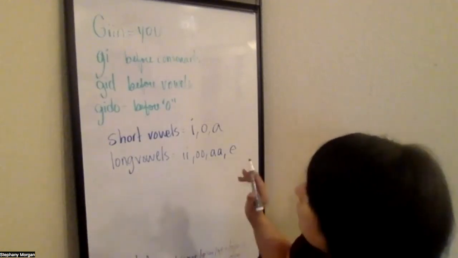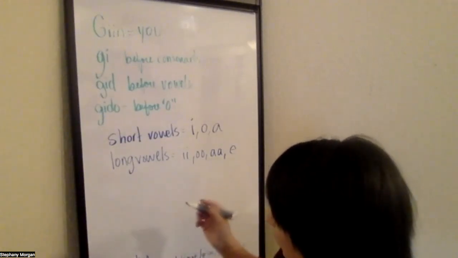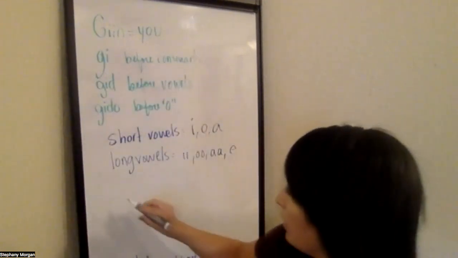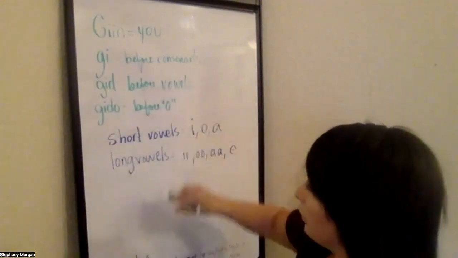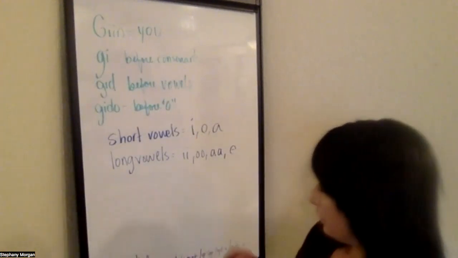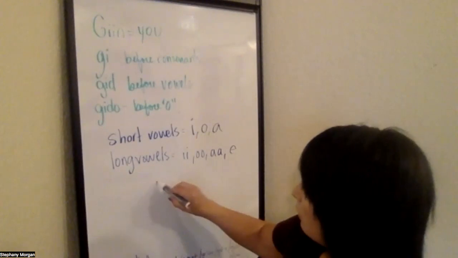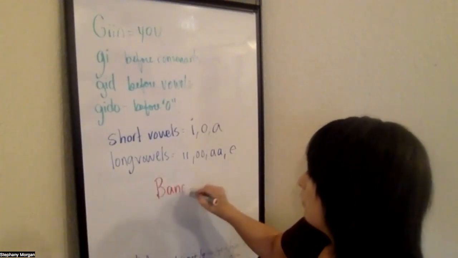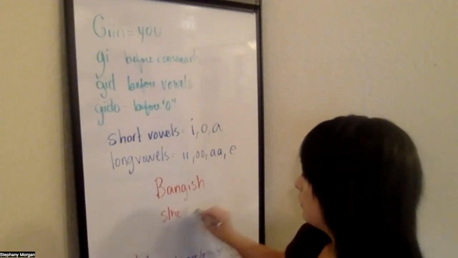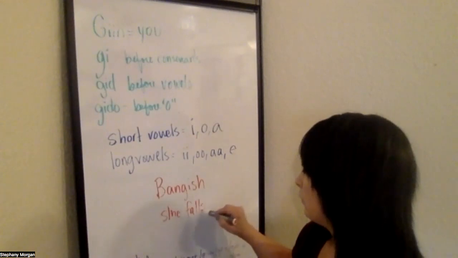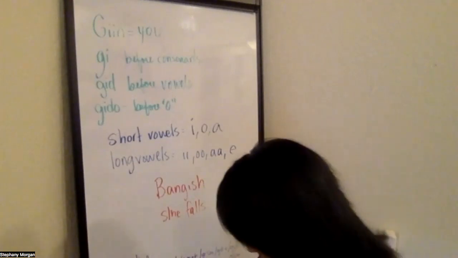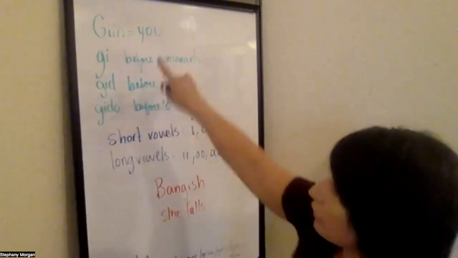So let's try using geen. We have before, let's use the verb, the action word, bungishin. He or she falls or is falling. If you want to say you are falling, we need to add a person to the front. It needs to be some part of geen.